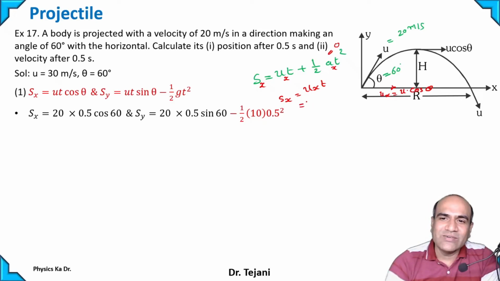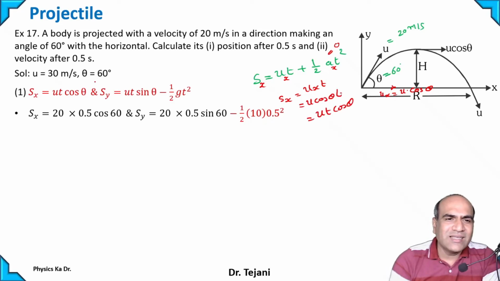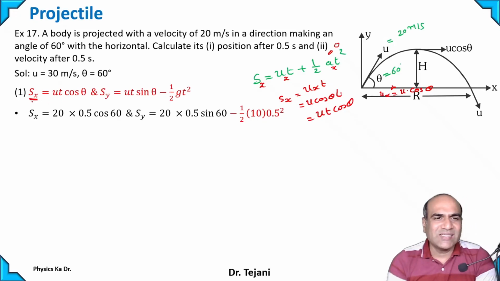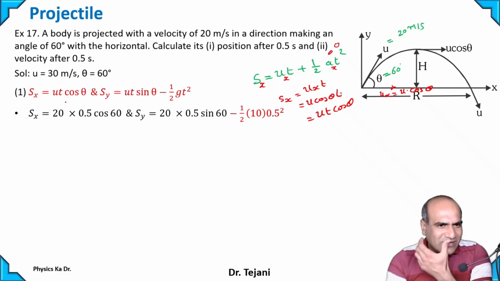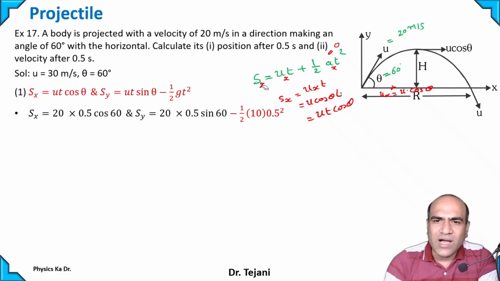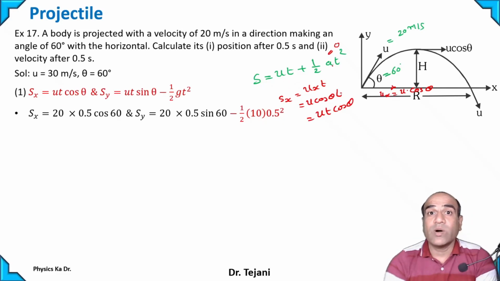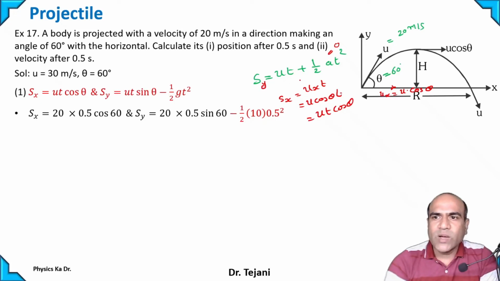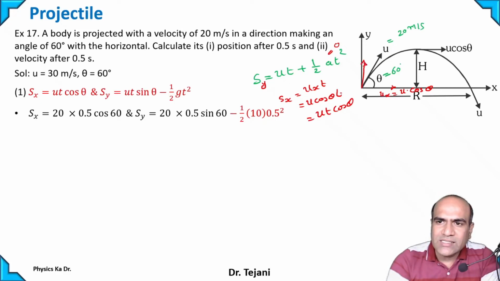So it is u cos theta t, which is ut cos theta. Then the similar case is here: Sx is equal to ut cos theta. Put the values here. And for the y component, Sy means vertical distance.